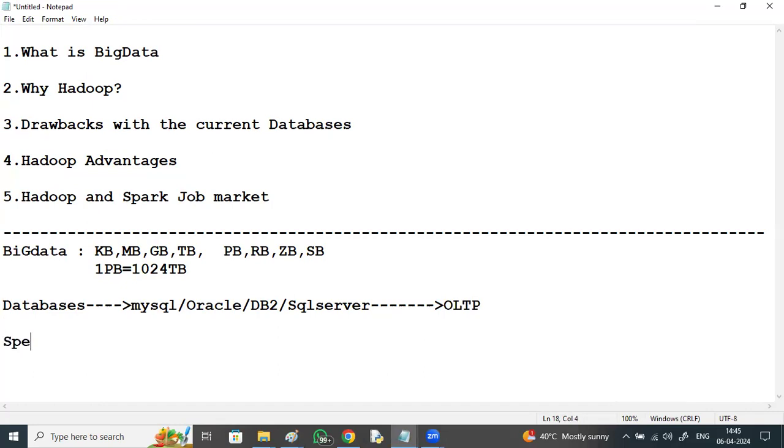But there are specialized databases. What are specialized databases?